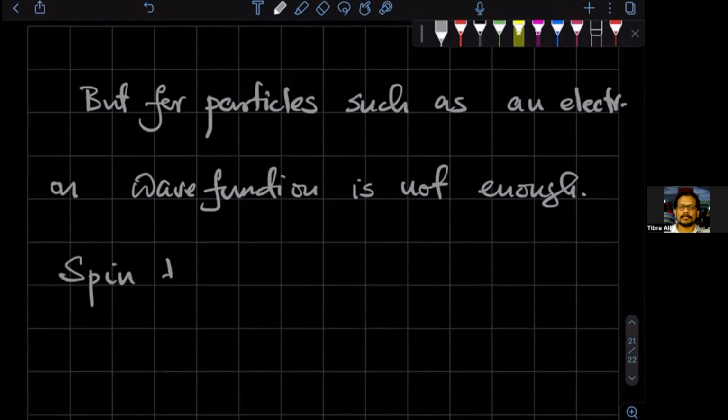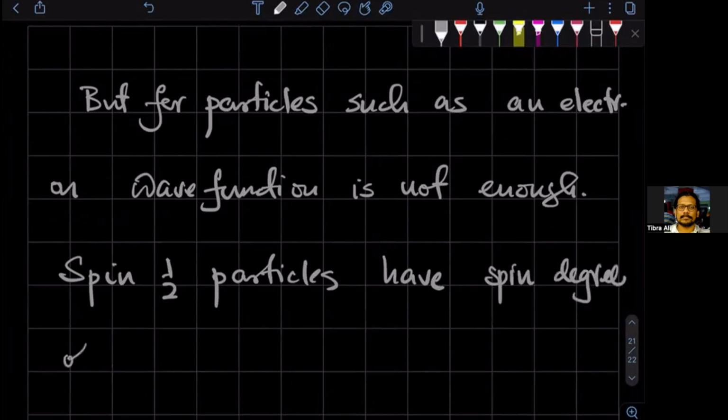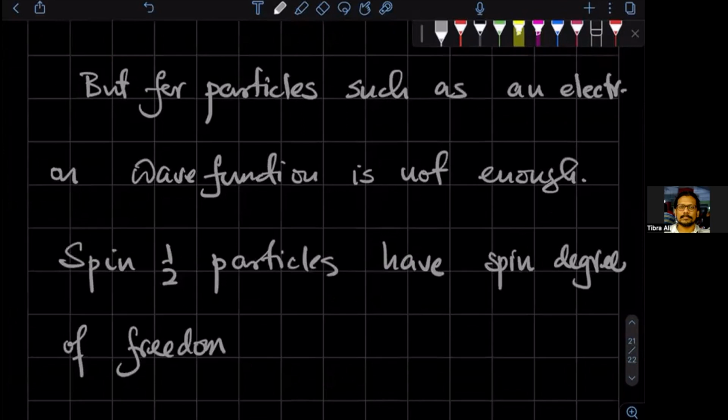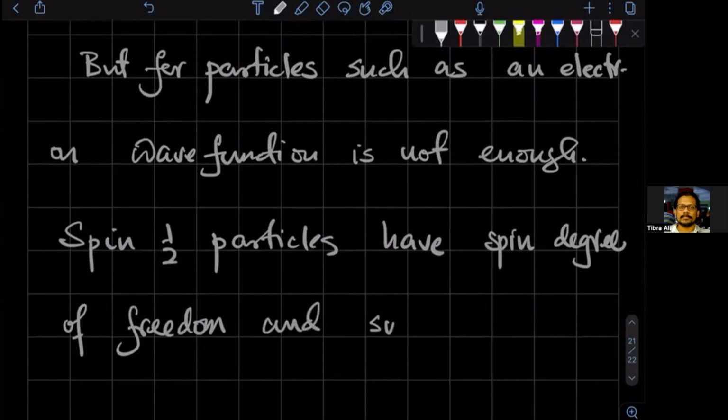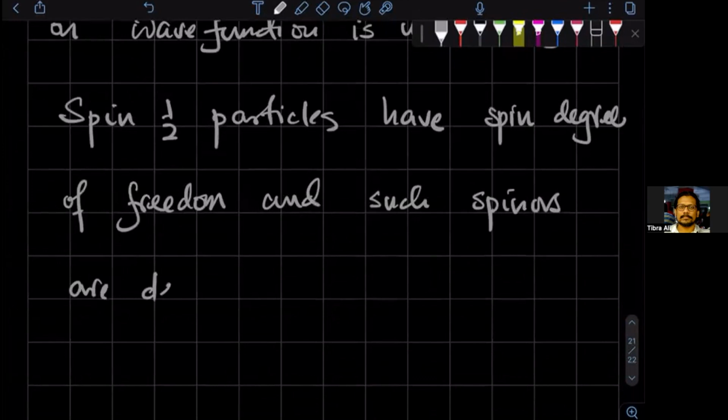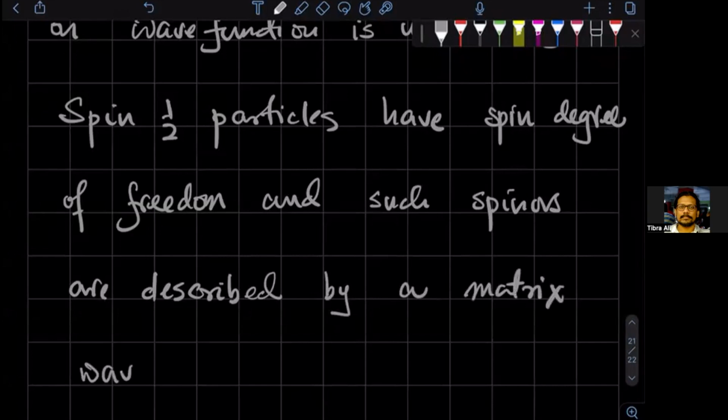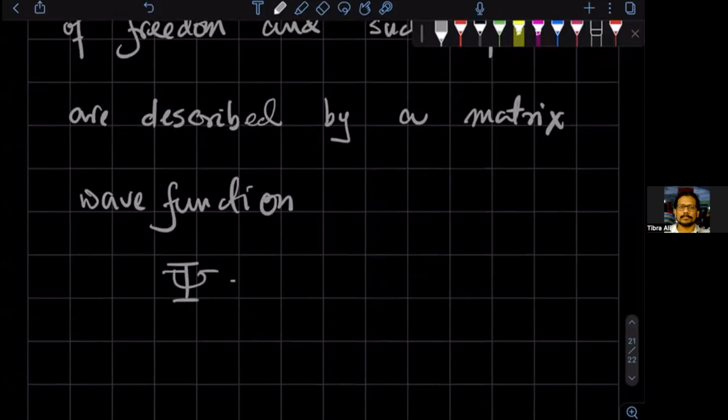Such particles, such as spin half particles, have what is known as a spin degree of freedom, and such spinors, as they're called, are described by a two-component matrix wave function. So you have some two-dimensional matrix, and it has psi 1 and psi 2.